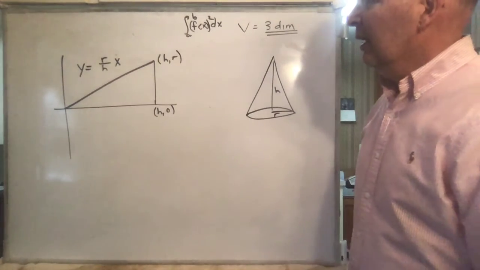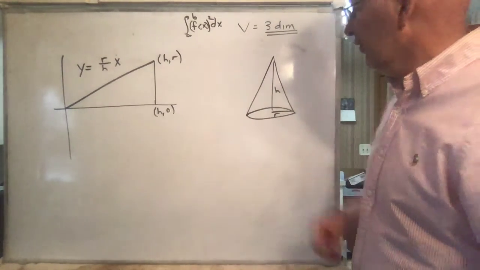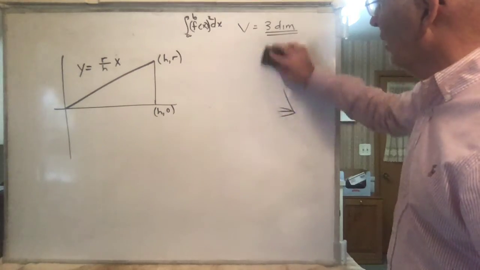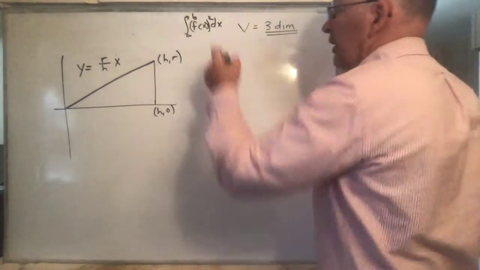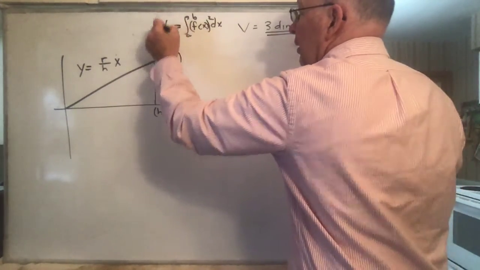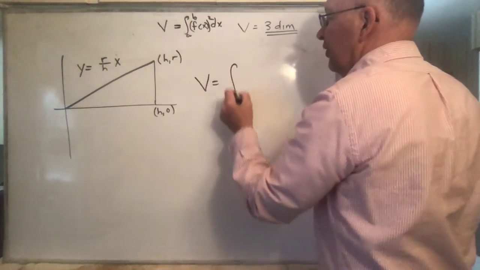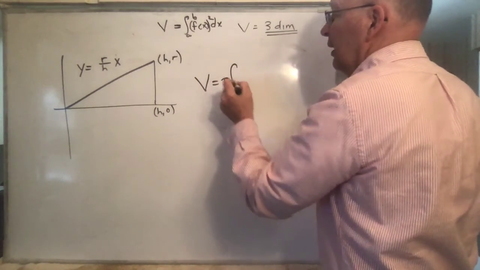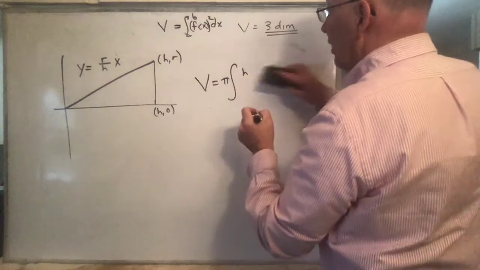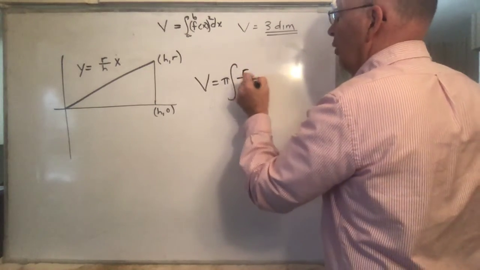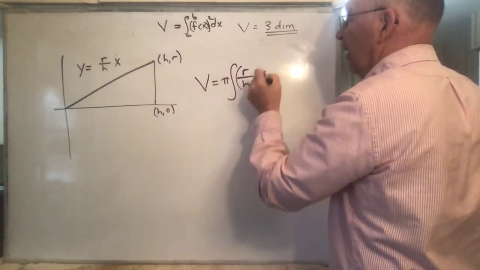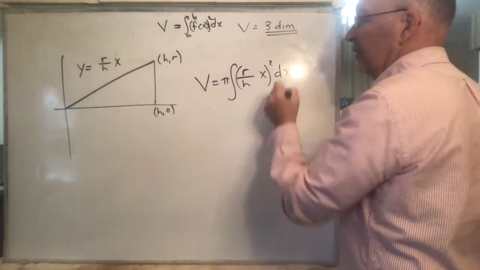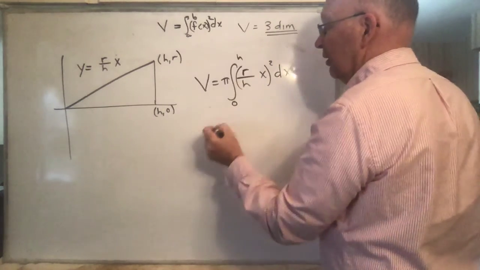Okay, and so there's the slope, there's your function, and now you can just plug it in here, and you get the volume is equal to pi times r over h times x, quantity squared, dx from 0 to h.